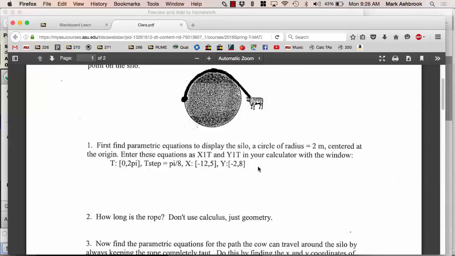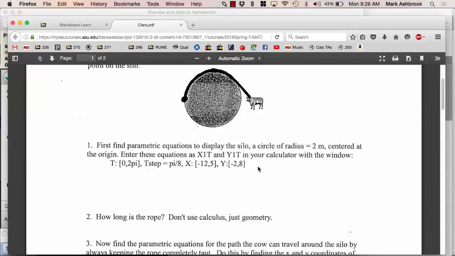it's not only going to ask you for the x and y like before, x min, y min. The window will still display x and y coordinates. That's what we've been doing, right? The graphs are still x and y, but now x is a function of t and y is a function of t. There's something called t-step.